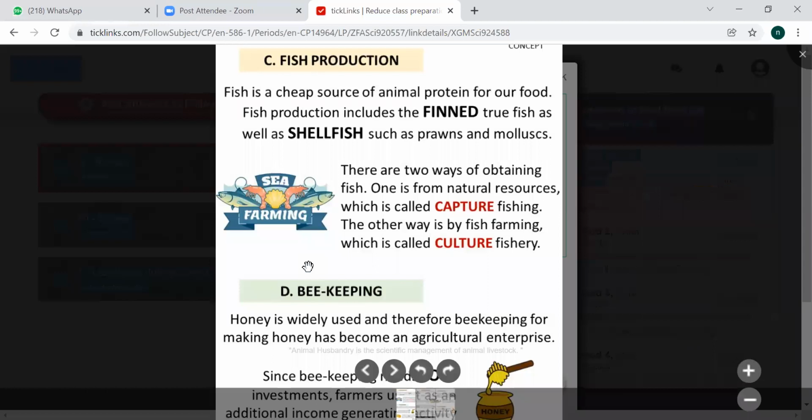So we will not be able to fulfill the demand of this dietary item for all the human beings living in this world. So we have to culture them in fishery farms, where we create an artificial ecosystem where the fish can live and survive, and it gives us the dietary food that is needed.